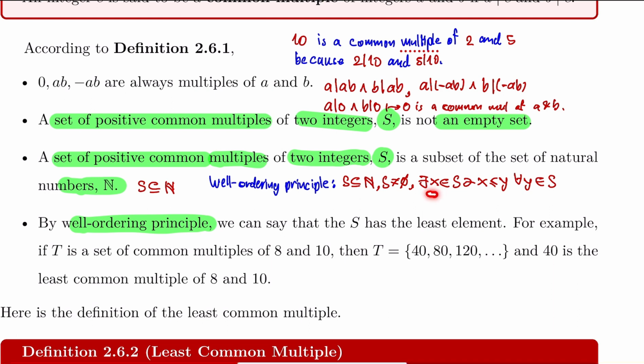As you can see, x is less than or equal to y for every y in set S, so x is the minimum element in set S.